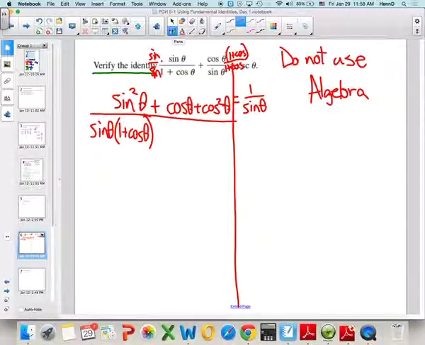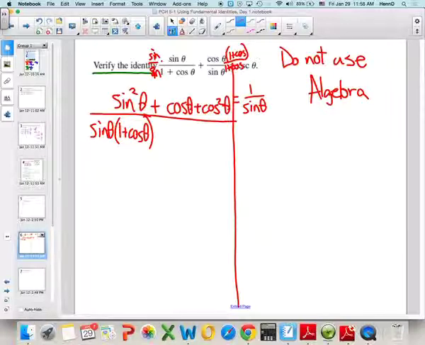Yes? I just found an easier way. You change the first one, make it negative 1 plus cosine over sine. You can't just take a reciprocal.